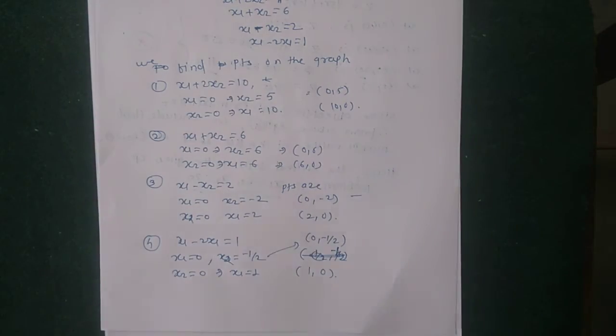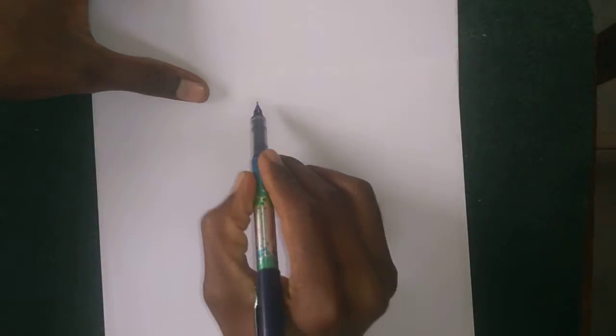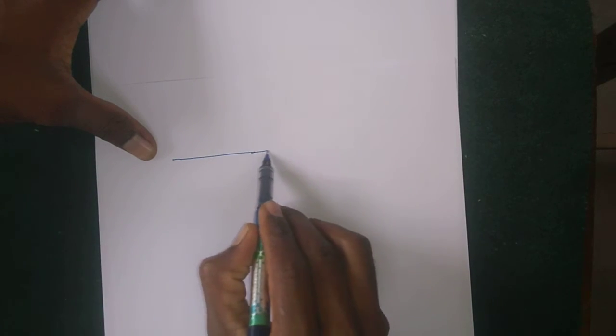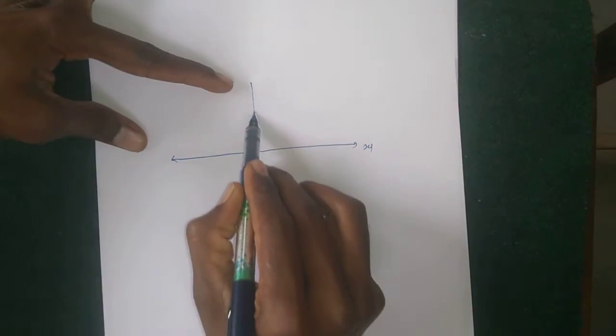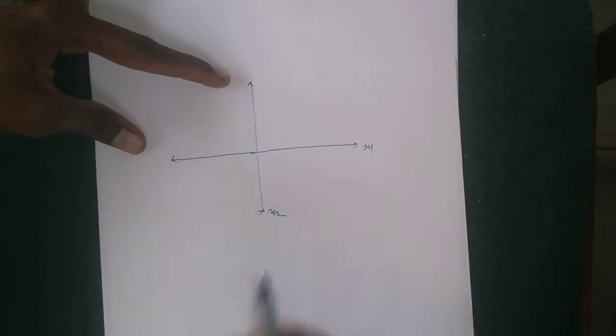So plot a graph by using these coordinates. Okay, so this is x1 axis, suppose that this is x2 axis.